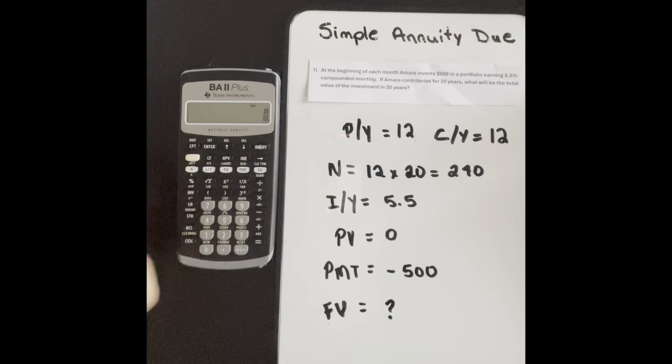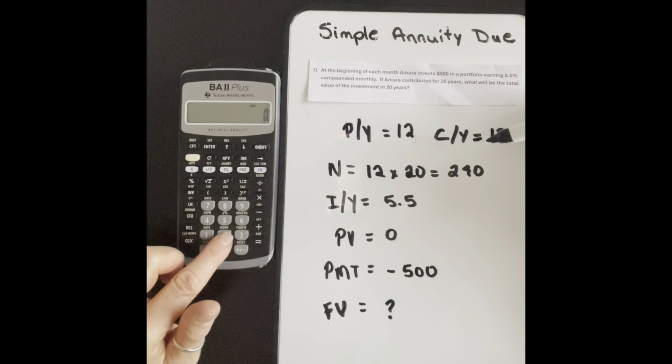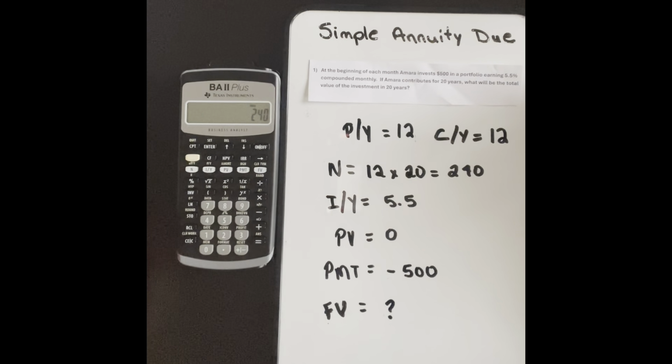The way that you enter these values is you put the number and then the function. So N is 240. So we put 240 in and then press N. Interest is 5.5, so we put 5.5 and then interest per year. Present value is 0. Because we've cleared our time value money calculations from previous work, this will be 0. But if you're not sure, you can always enter a 0.